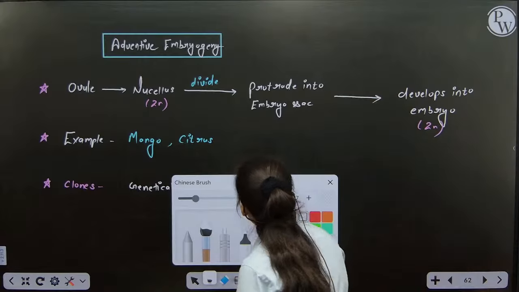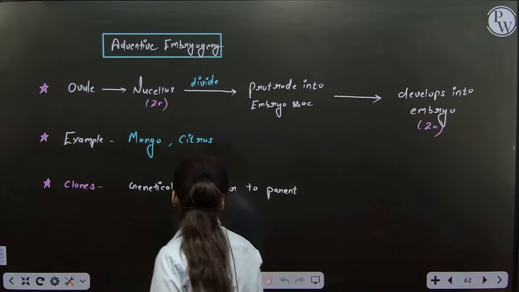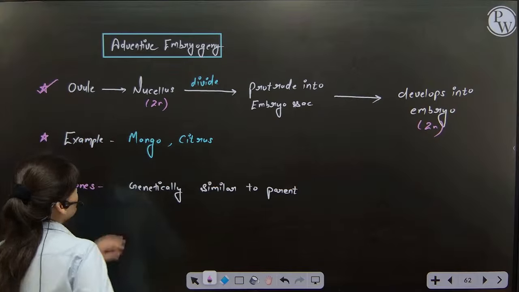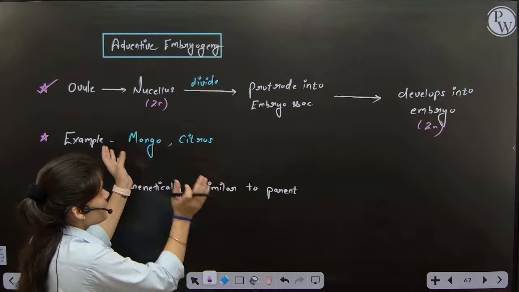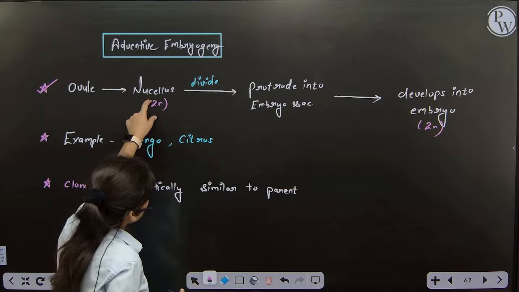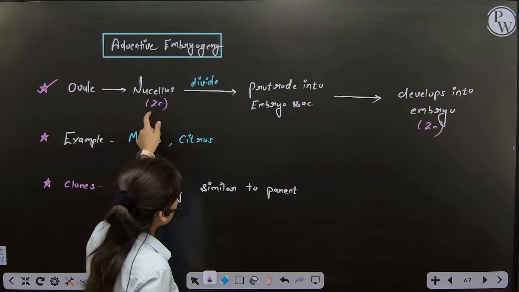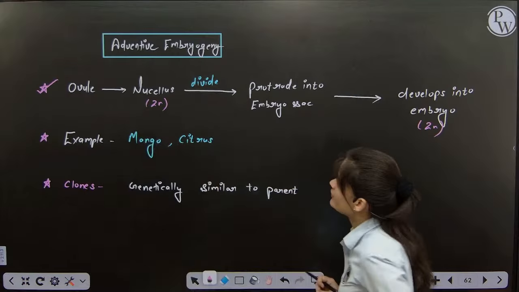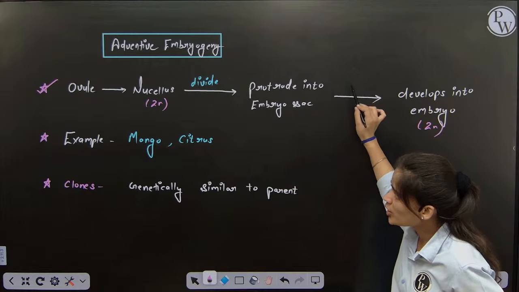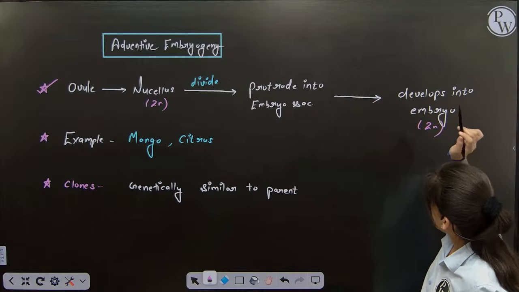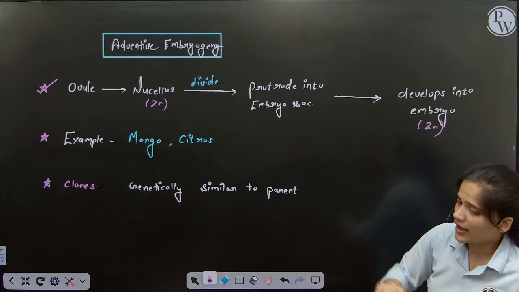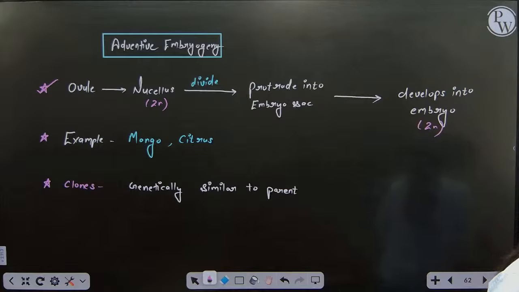What happens in this case? The ovule has integument, which encircles the nucellus. Nucellus is diploid. That nucellus divides and protrudes inside the embryo sac, and develops into the embryo. This condition is known as adventive embryogeny.